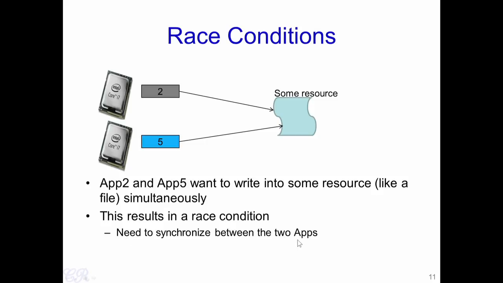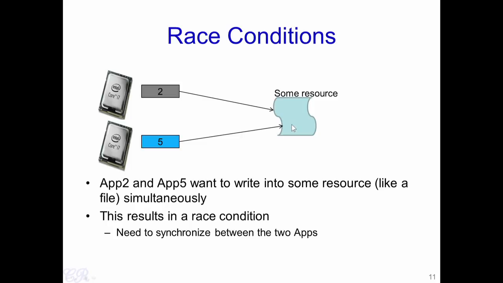So, essentially, in order to avoid such an issue, the operating system needs to synchronize between the two applications. It should ensure that when one process requests a particular resource, like a file stored on the hard disk or the printer, the other application, app 5, will not be given permission to write or access that particular resource. Only when application 2 completes using the resource will application 5 be allowed to use it.